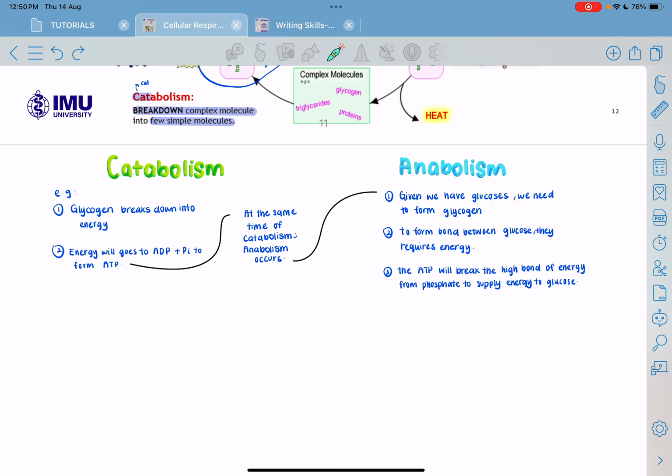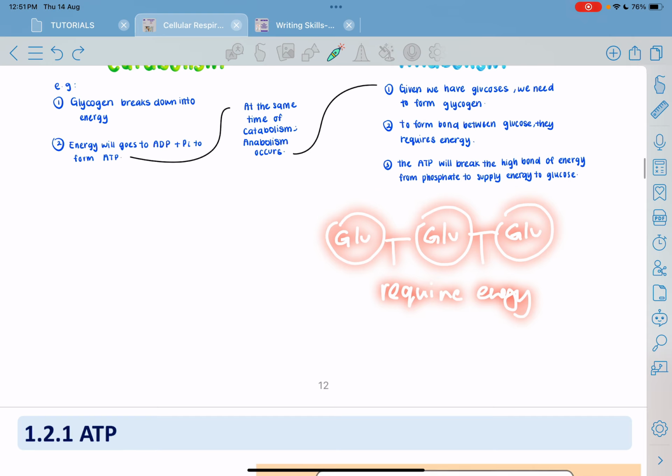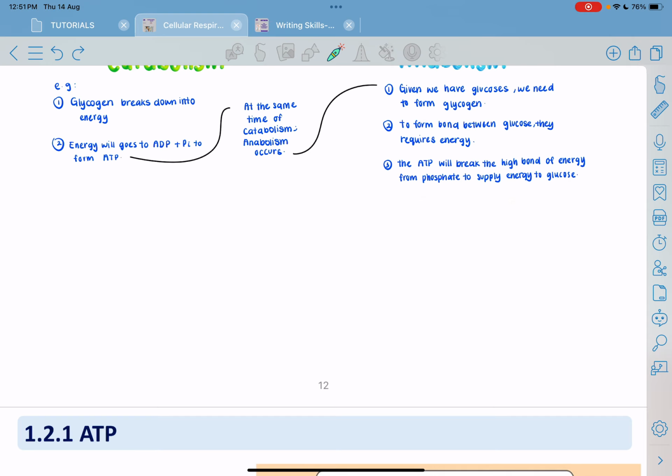So to form the bond between the glucose, meaning like this bond, all these bonds, you require energy. So where do you get the energy from? It's from when the ATP breaks the high-energy phosphate bond, this one.